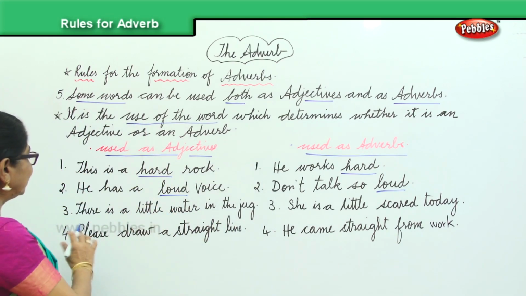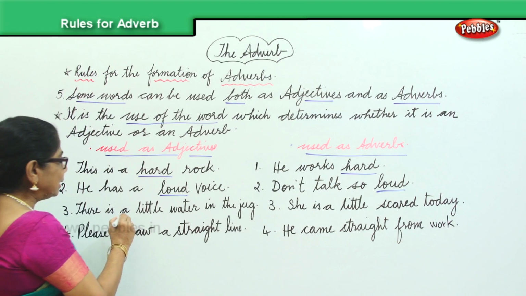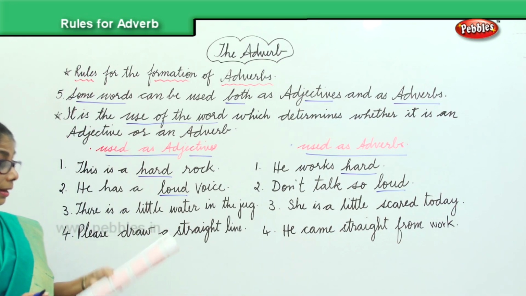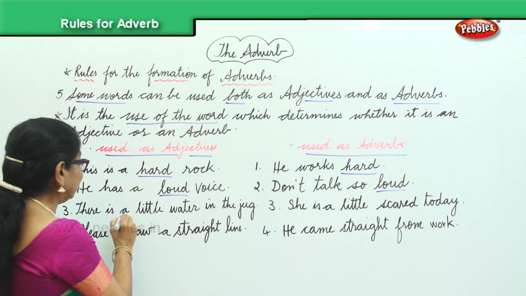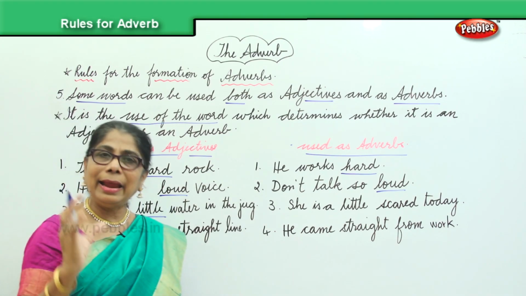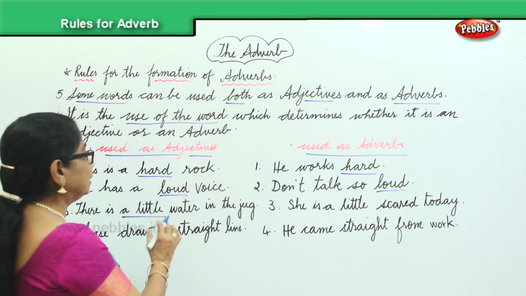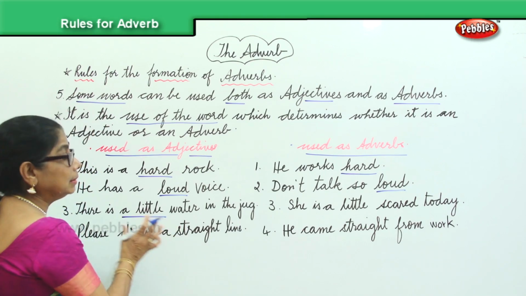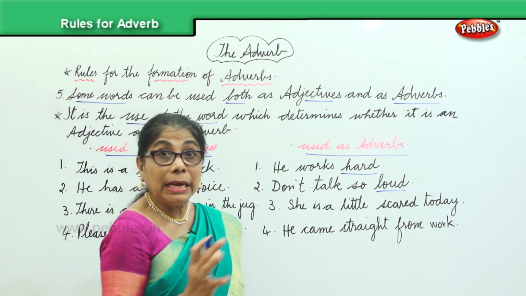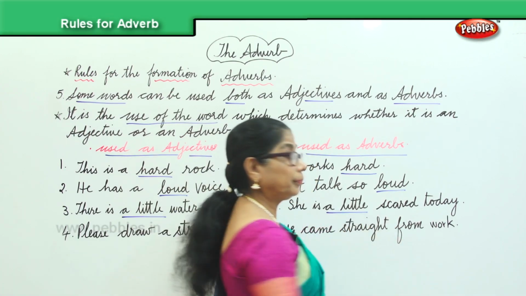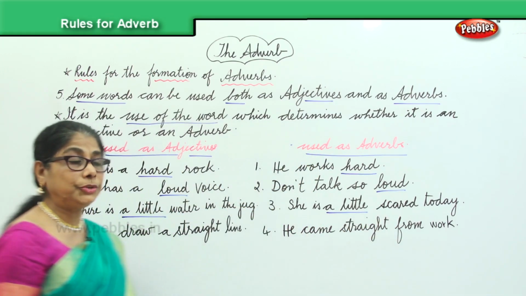Now, in the third sentence here, there is a little water. A little is an adjective used in the sentence. There is a little water in the jug. But that a little is used in, she is a little scared today. A little scared. Here the adverb is used.